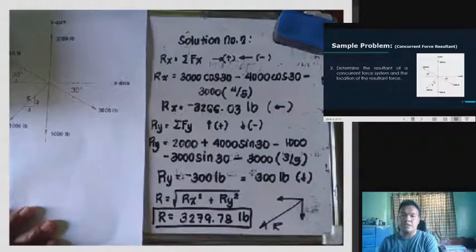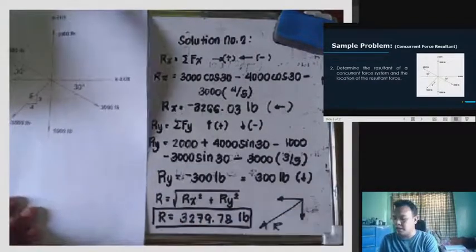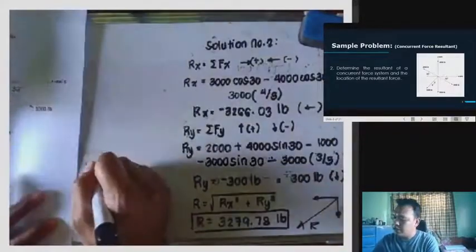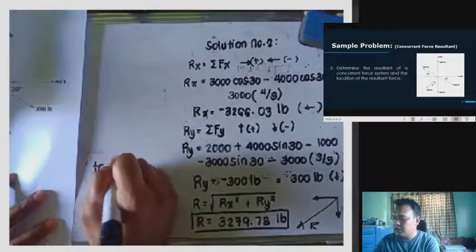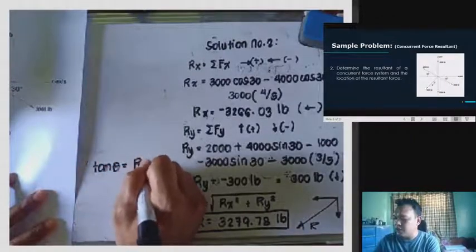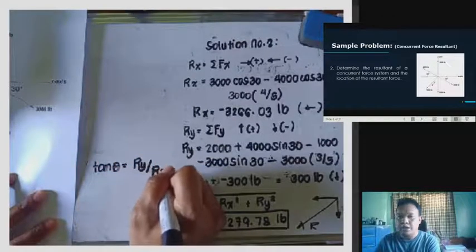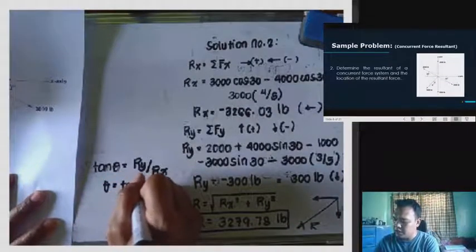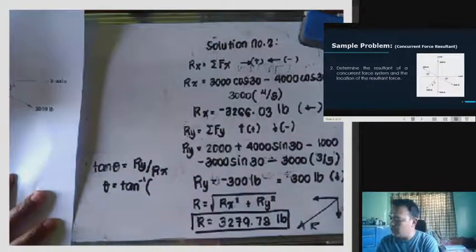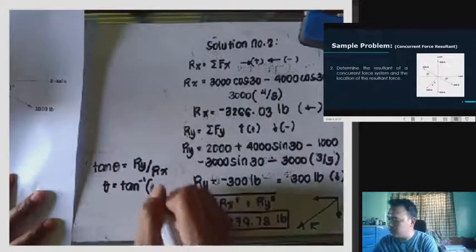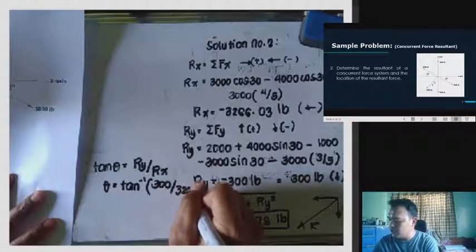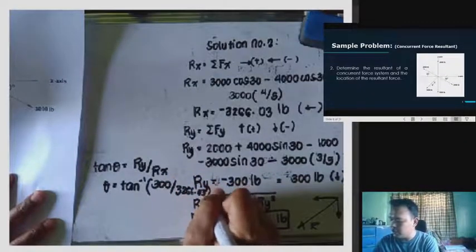Then to get the direction, yung angle natin, so tangent theta is equivalent to Ry all over Rx. So si theta is equivalent to arctan Ry, which is equivalent to 300 all over 3266.03.